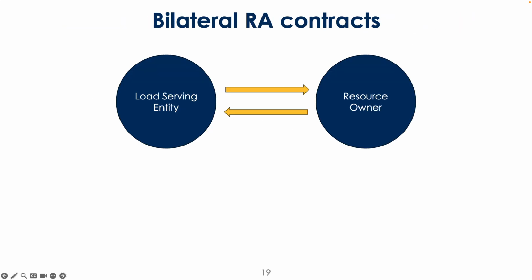So this is often done in what's known as a bilateral contract, and all that means is that you have two parties making agreements to do certain things for each other. We have our load serving entity, like a utility that has to provide the electricity to our end consumers, and then we might have our resource owner, like the owner of a power plant or something.